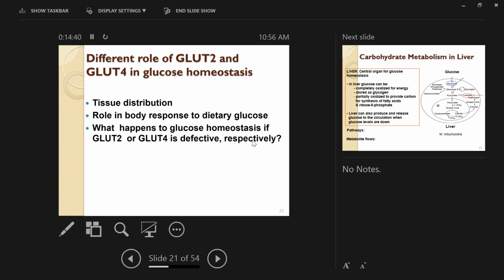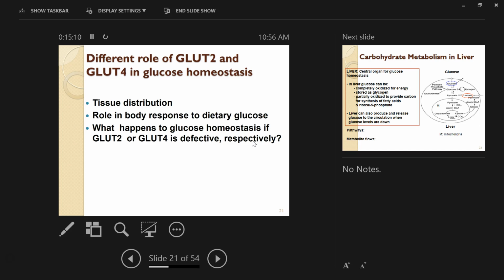First tier response is basically GLUT2, right? It transports glucose into the beta cell and triggers insulin secretion, and GLUT4 in the muscle and adipose tissue, whose translocation is stimulated by insulin, regulates the transport of glucose and reduces the blood glucose level.